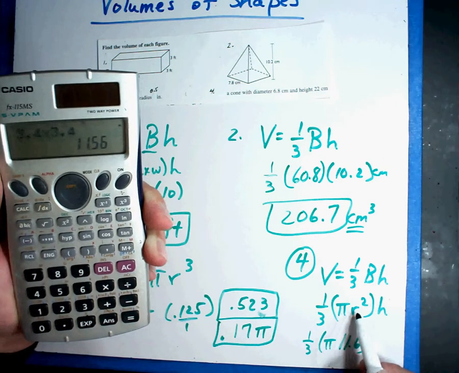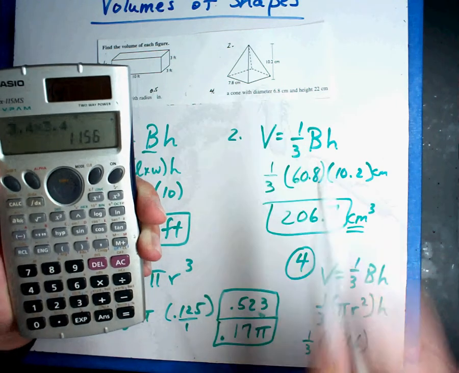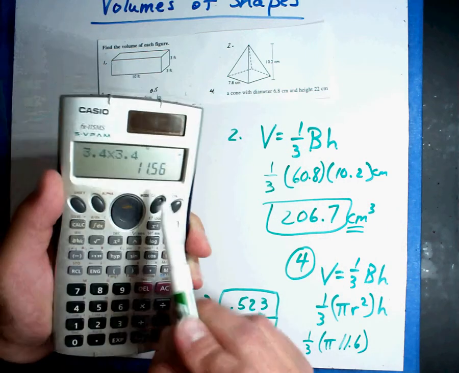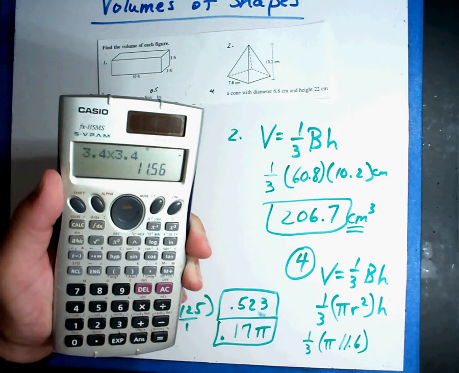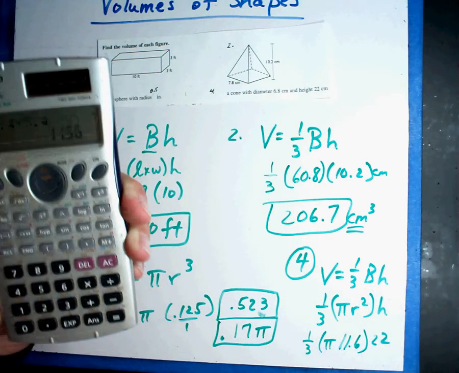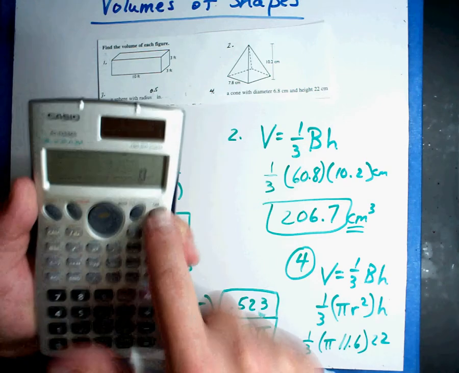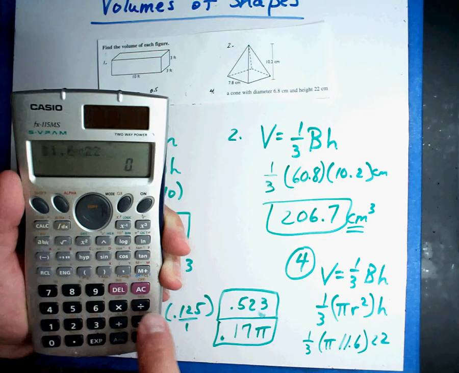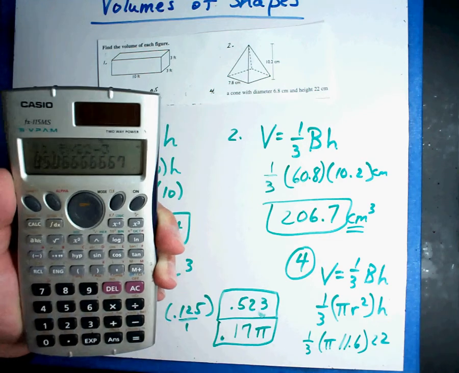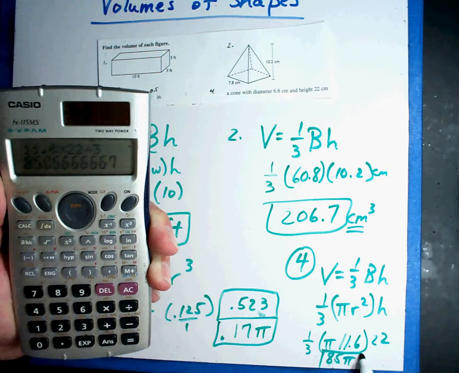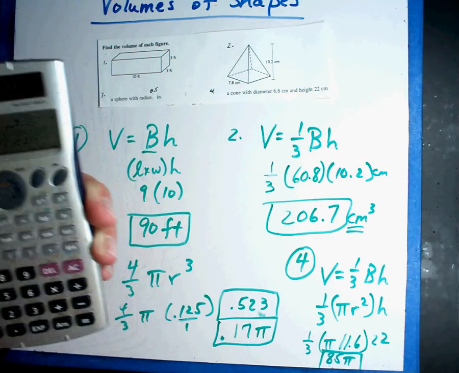The radius is half the diameter, so 6.8 divided by 2 is 3.4, and 3.4 times 3.4 is 11.6, and the height that tells me is 22. So I'm going to take 11.6 times 22 divided by 3, and I get 85 pi. There's my answer. Almost ran out on the very bottom.